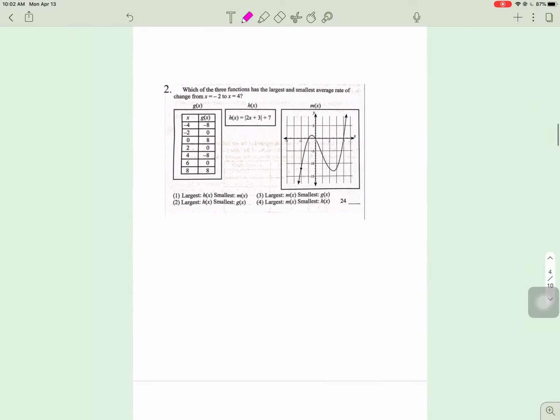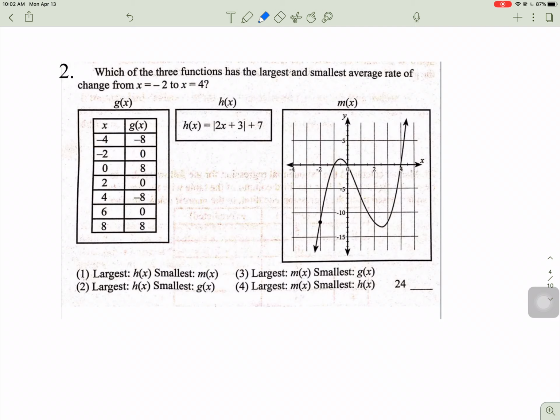Number 2. Which of the 3 functions has the largest and smallest average rate of change from -2 to 4? So first let's look at g of x, which gives us not a graph, but a table. So from -2 to 4. If you think about what this looks like, -2, 0, you don't need to sketch it, but if you thought about what this sketch looked like.